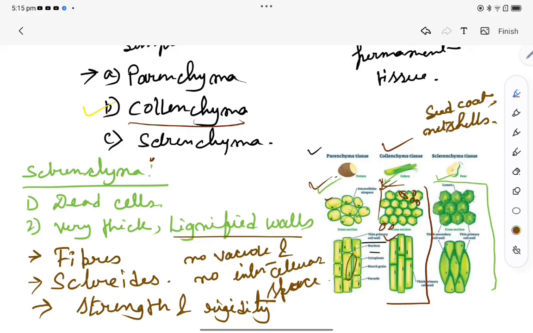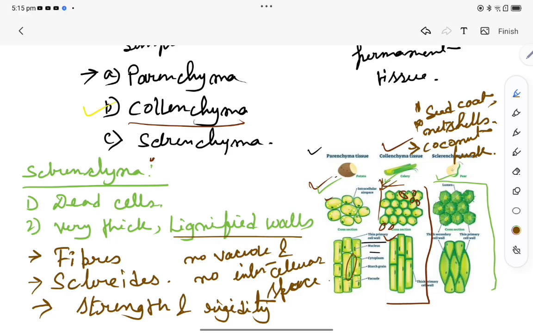So seed coat, nut shells, husk of coconut. Here we can find the Sclerenchyma cells, right?